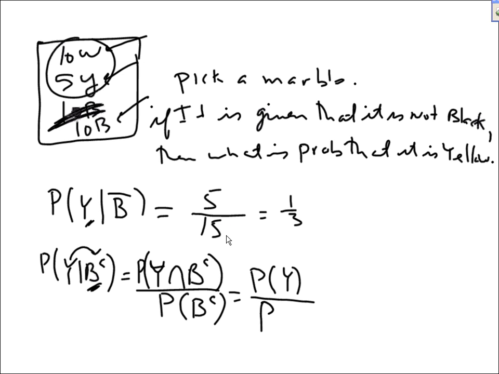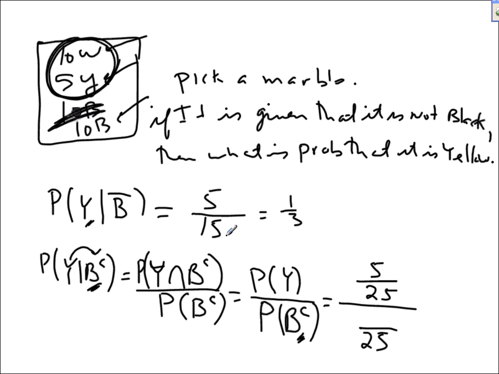Okay, the bottom we're not going to touch for now. The probability of being yellow: well, there are 25 marbles in all, and 5 of them are yellow. The probability of not being black: well, there are 25 marbles, and these 15 are not black.